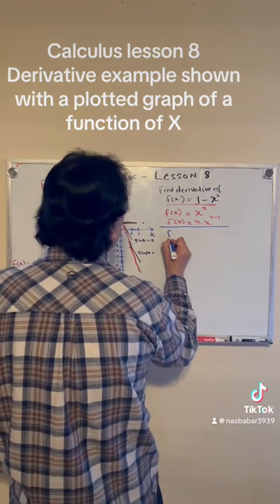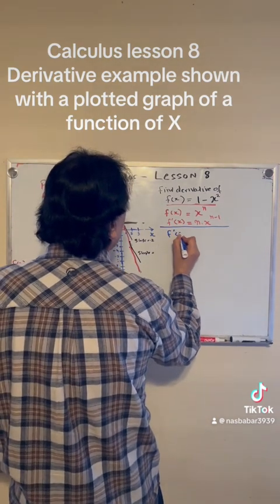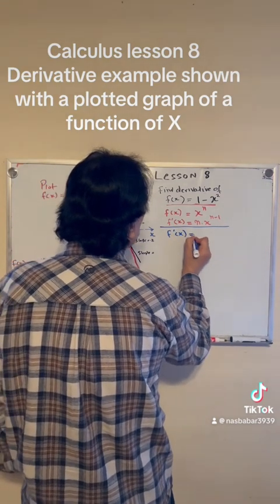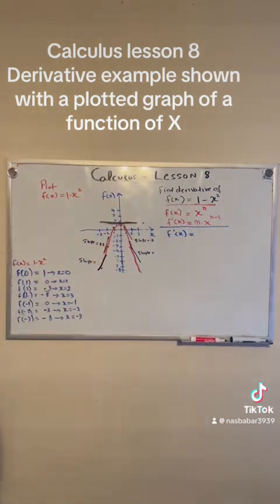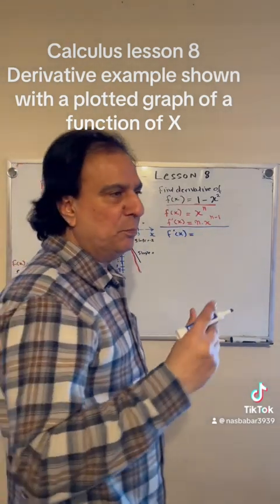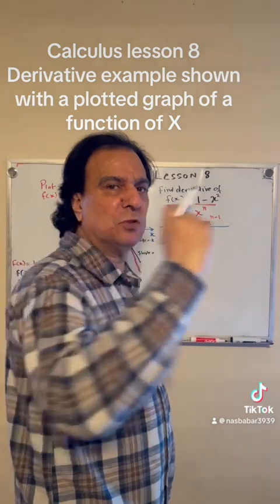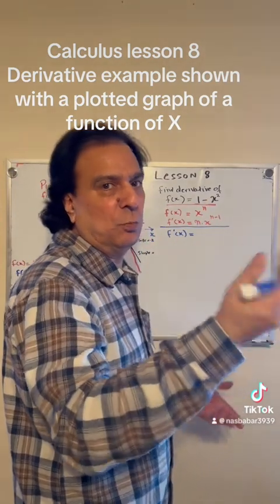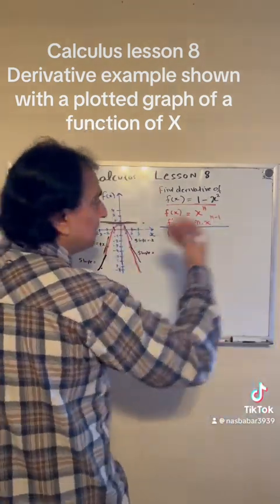We say f prime of x is equal to, what is the derivative of a constant? 0, because the slope of a constant number, there is no slope. It's just constant. It's not changing.